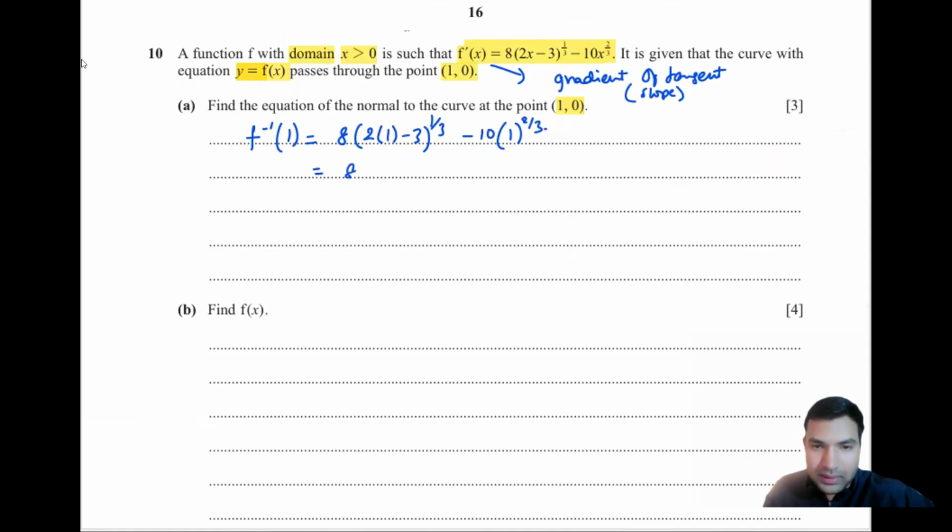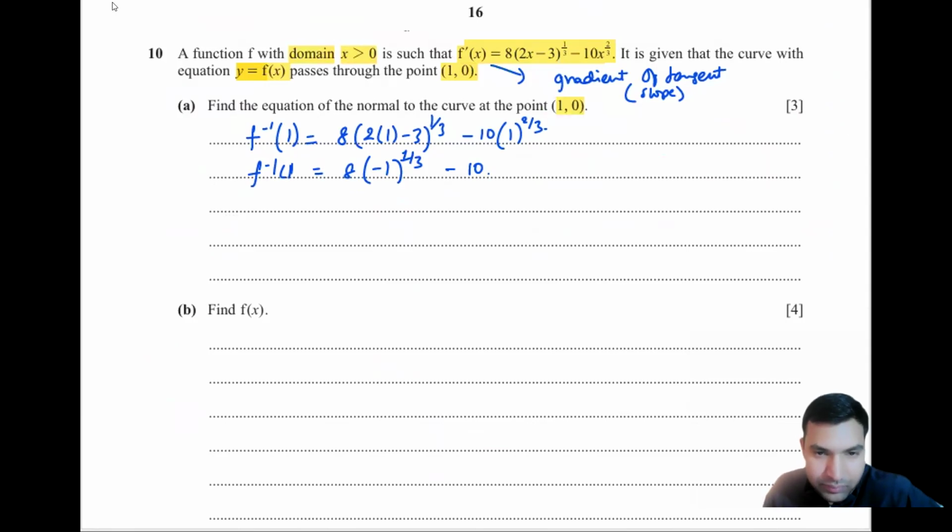So this becomes 8 times 2 minus 1 is 2, minus 3 is negative 1, to the power 1/3. Getting it? Which is nothing but minus 10, right? So 1 to any power is 1 itself. Make sense?